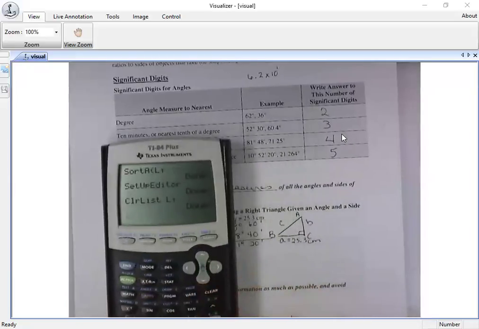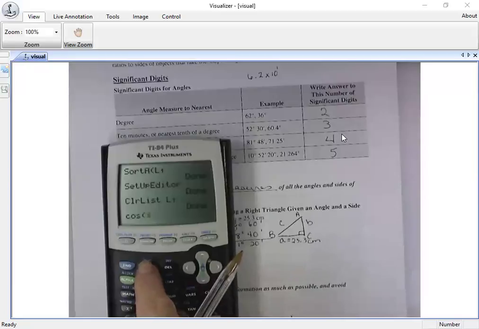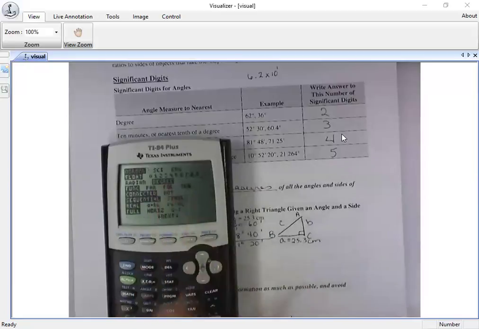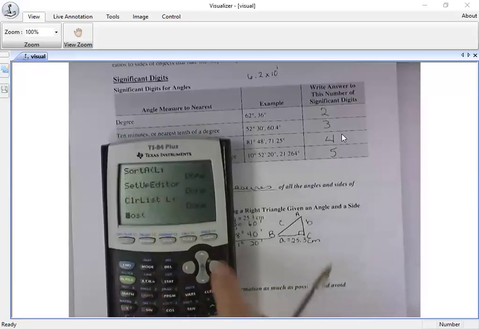So let's do this. I'm going to hit cosine. And we said that angle B was 28 degrees 40 minutes. How do I type that in because of the minutes? And by the way, should I double check to be sure I'm set in degrees? I would. I am, so that's good. All right, so the cosine of 28. Now, how do I put in the 40 minutes?